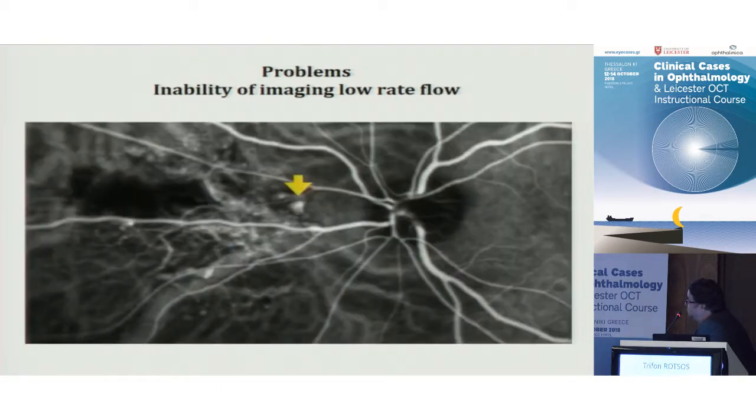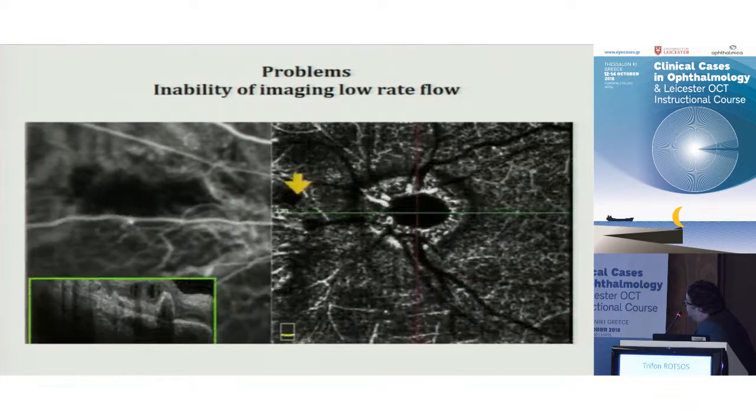And the same stands with polyps. Here you have a patient with a visible polyp, but when you try to take an image of that polyp with the OCTA, you will see that there is nothing here, again because of the very low flow rate within the polyp.